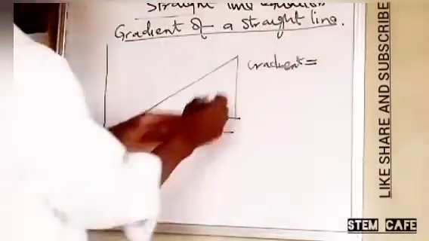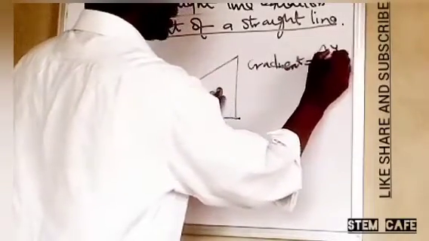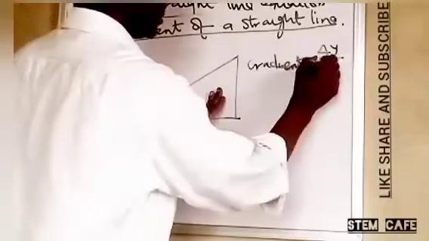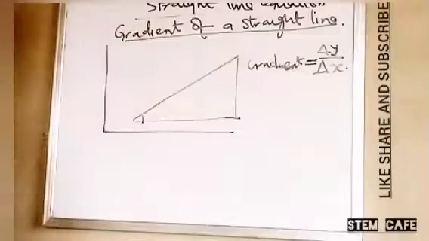Gradient is when we are saying rate of change of the vertical divided by the rate of change of the horizontal.